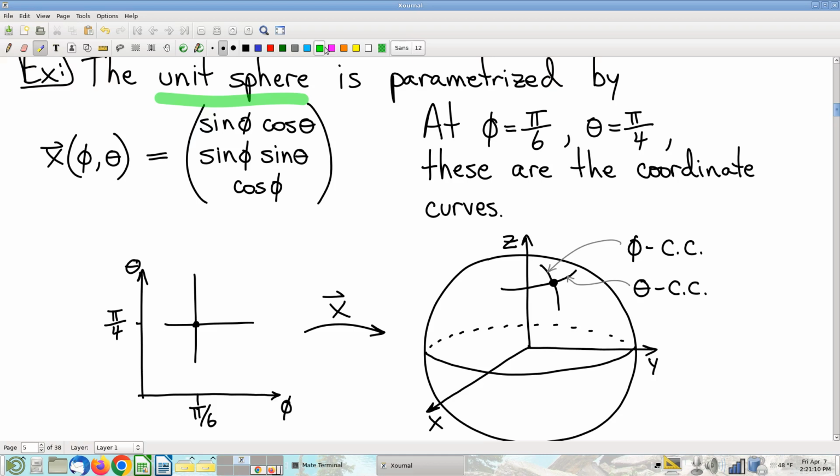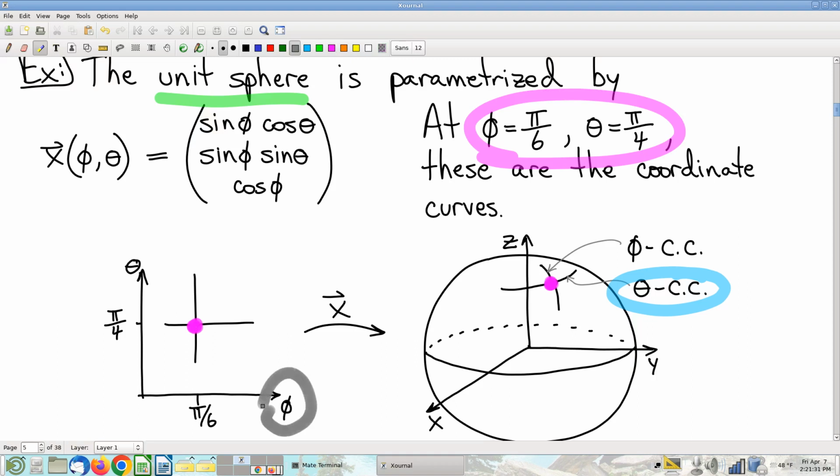I'm going to start by asking what is the theta coordinate curve. And the way we're going to get the theta coordinate curve, by the way, we're looking at this point right here, where phi and theta are those values. The theta coordinate curve is what you get when you fix phi. So I'm going to fix phi as being pi over 6. Phi is not allowed to change. It's stuck at pi over 6. Said differently, we are stuck on this cone right there, defined by phi equals pi over 6.